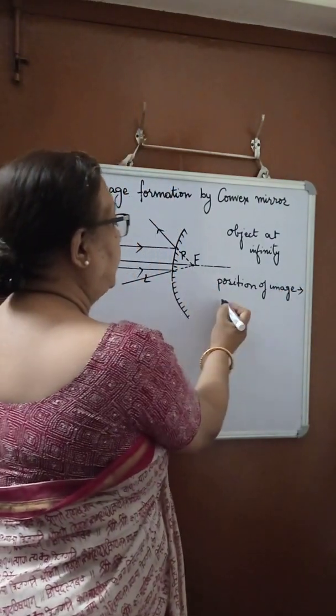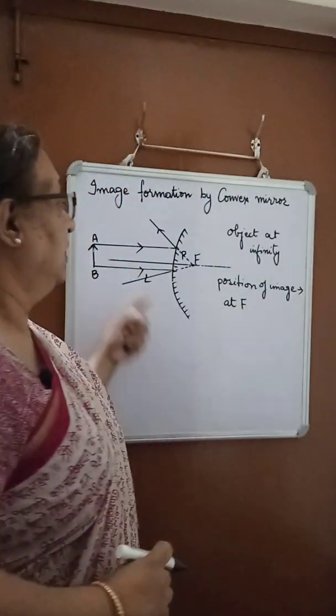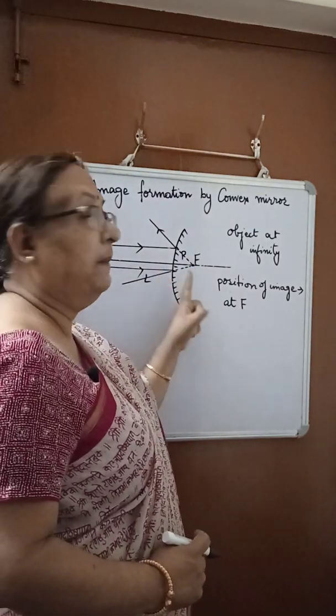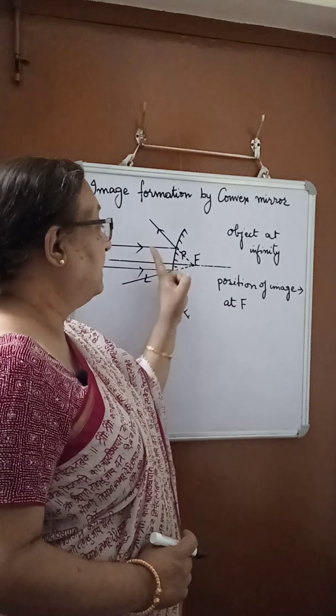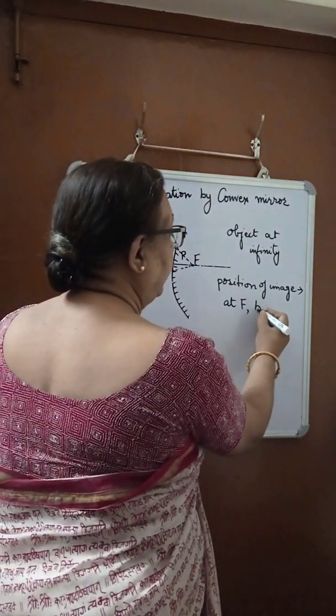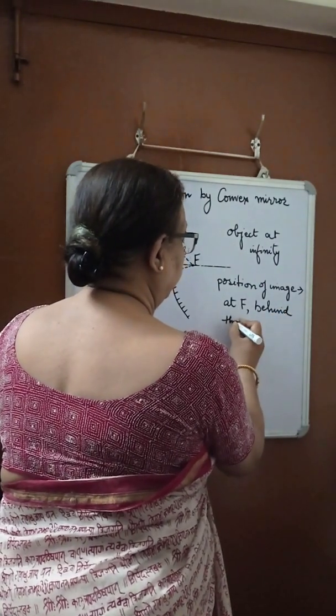The image is formed at F. And just notice, for a convex mirror, the focus is behind the mirror. This is the front face of the mirror. This is behind the mirror. So the position of the image is at F, behind the mirror.